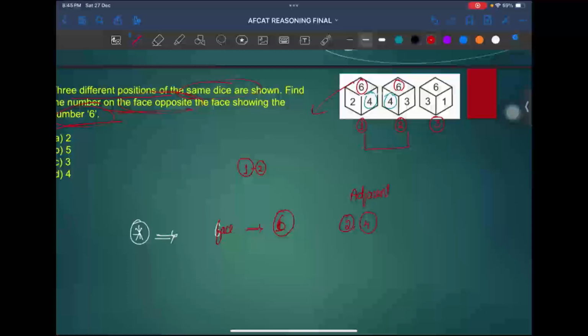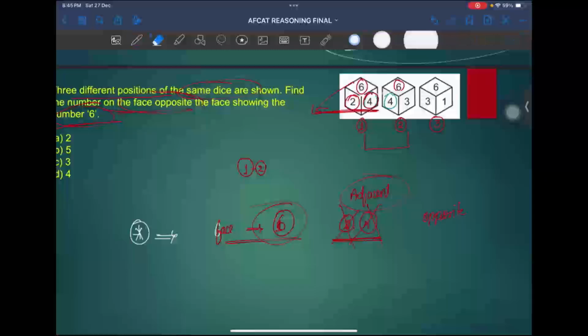So once you consider 6 as a face value, adjacent numbers never repeat, like adjacent numbers never come in the next dice. In the sense, 2 and 4 never come in the opposite way. Once you consider 6 as a face value, the adjacent values will be 2 and 4, so 2 and 4 will never come as the opposite value of 6. Whichever number you have in the adjacent, you will never get it on the opposite side of a face.